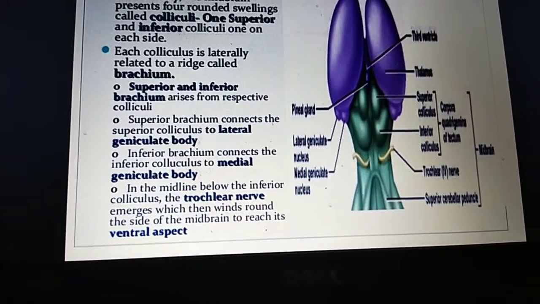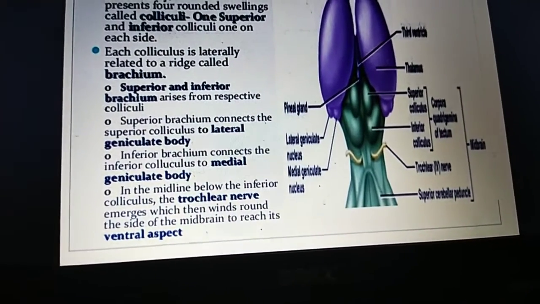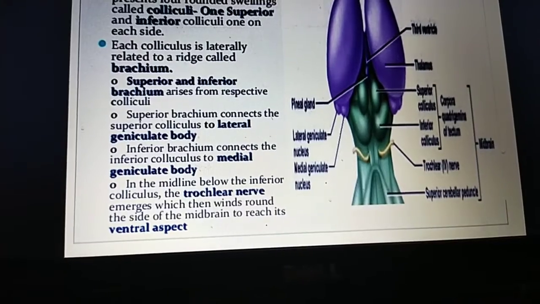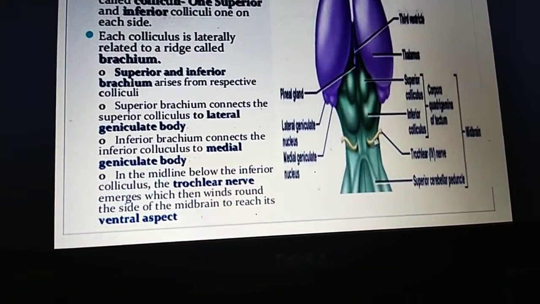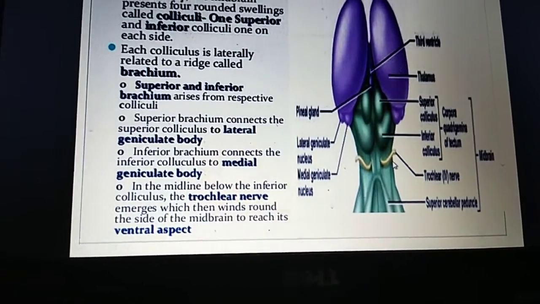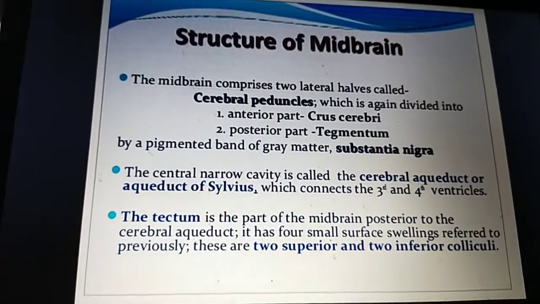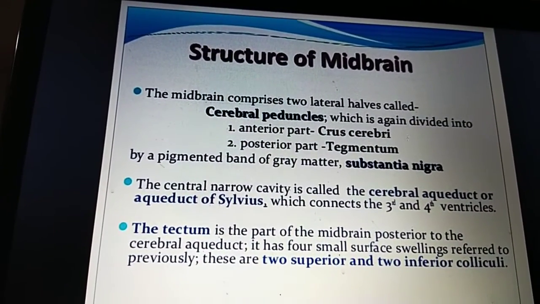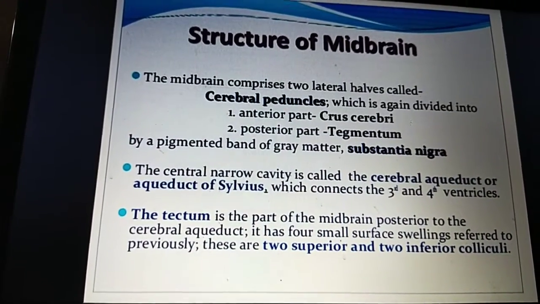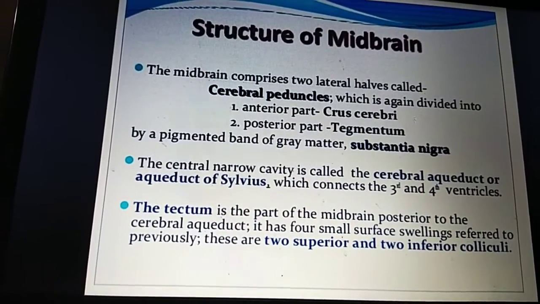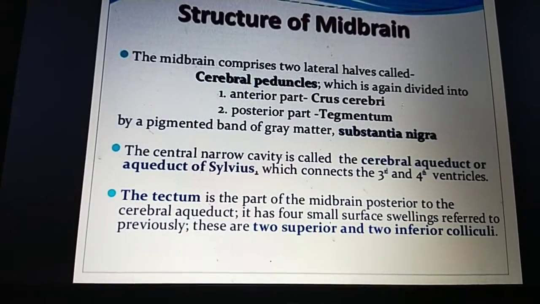In the midline below the inferior colliculus, the trochlear nerve emerges, which then winds round the side of the midbrain to reach the ventral aspect. You can see here the trochlear nerve emerges. Structures of the midbrain: the midbrain is composed of two lateral halves called the cerebral peduncles. Each cerebral peduncle is divided into two parts, anterior and posterior.